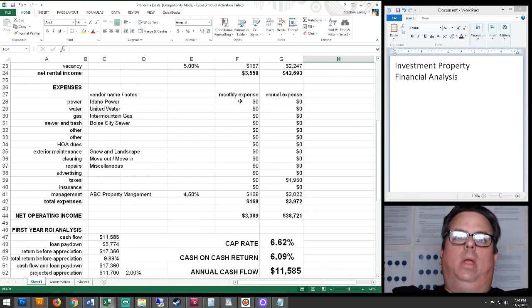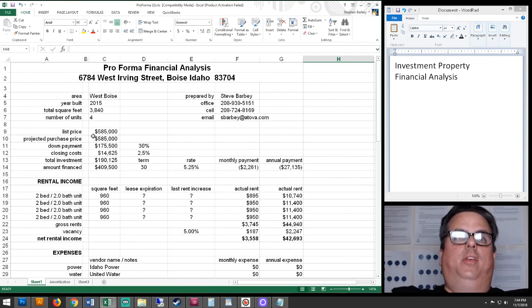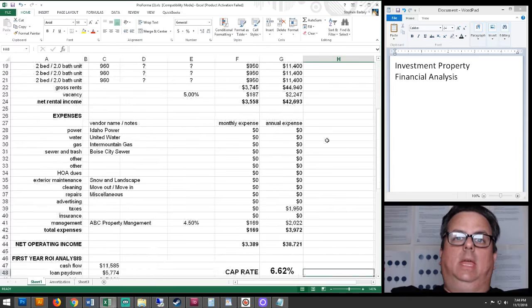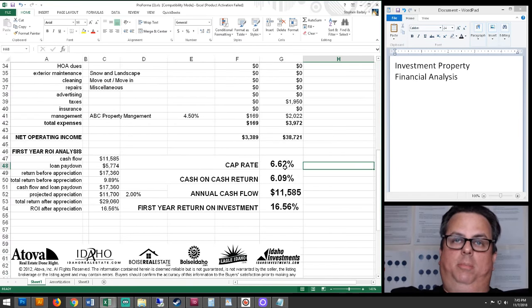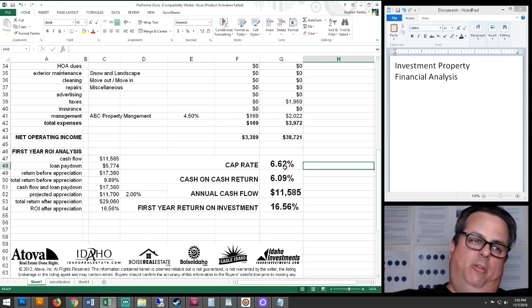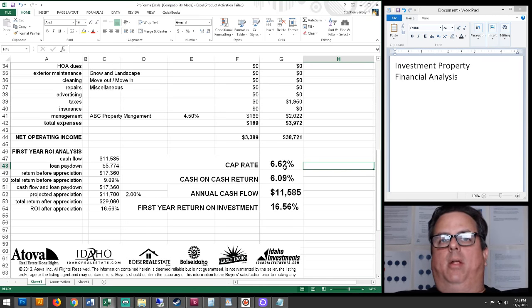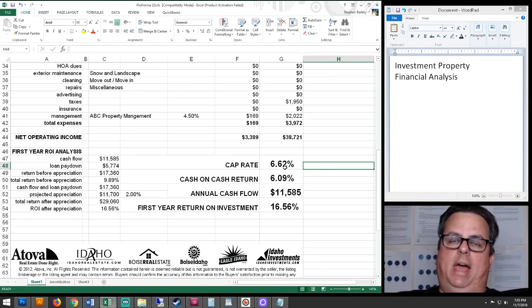If there were no expenses at all, then at this price point, it feels like a pretty decent buy. 6.5 cap. That's kind of where buyers want to be. Honestly, buyers might want to be there, but our market is probably more like a 6 cap, is what I would imagine properties are actually selling at.